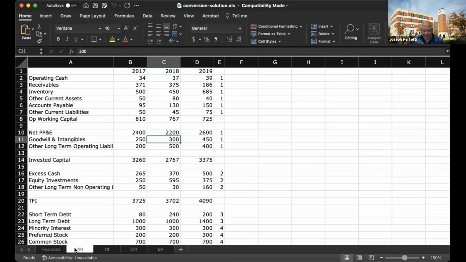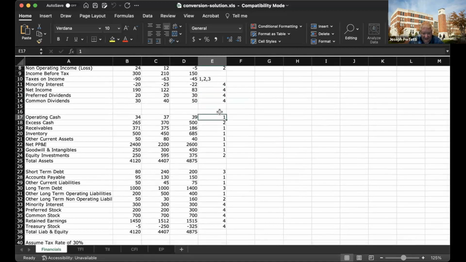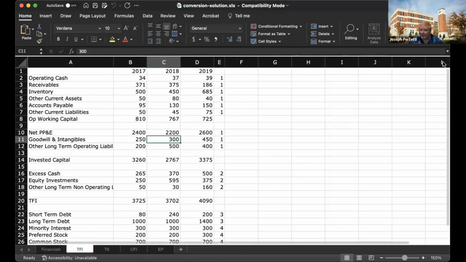The whole point, and that's why labels are helpful, is you start with this balance sheet. You take all the assets that you've identified as operating and all the liabilities that you've identified as operating, and you net them together. That is invested capital. Now, in this solution, I went an extra step that you wouldn't have had to do for the homework assignment, because it sets up the valuations that we're going to do.